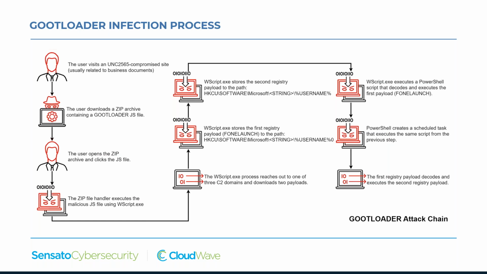The user downloads that zip file, which contains a JavaScript, and they execute that JavaScript. When that JavaScript runs, it uses the built-in feature of WScript, and WScript reaches out to a couple of C2 domains and downloads 2 payloads. What's very interesting about this attack is it doesn't use any files. It's a fileless attack, and it loads the file into different parts of the registry.